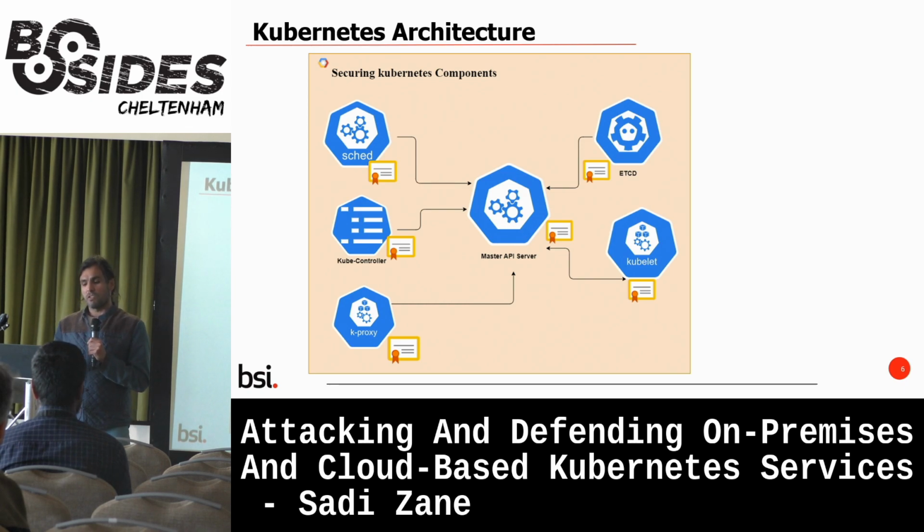In particular, you can see the symbols of the secure certificate next to each of these components of the Kubernetes architecture. For instance, etcd is a key value database. Essentially, all your configurations, all your stateful information, is stored in that database.